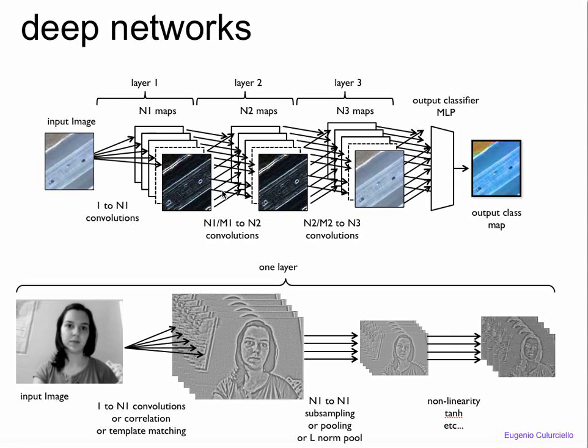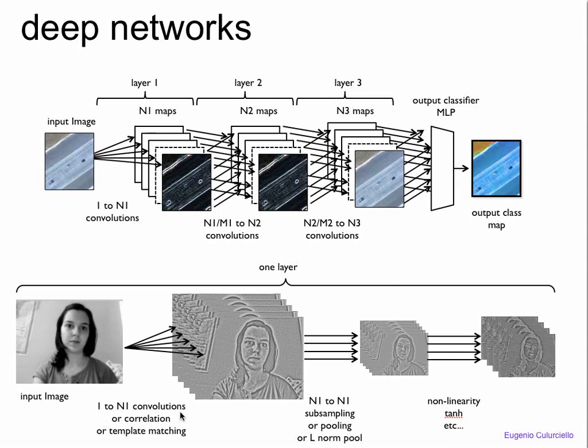And there are multiple layers that squeeze the information until it is reduced substantially, and it can go into an output classifier that can then classify and give you the results you want. This is the standard architecture that we've been looking at.